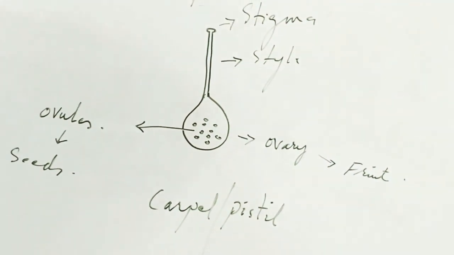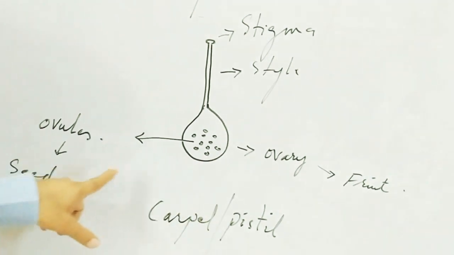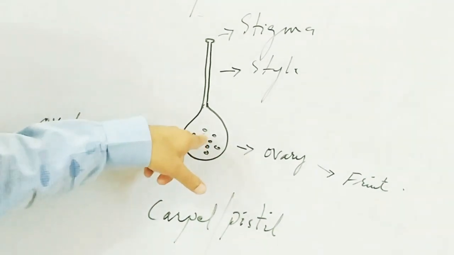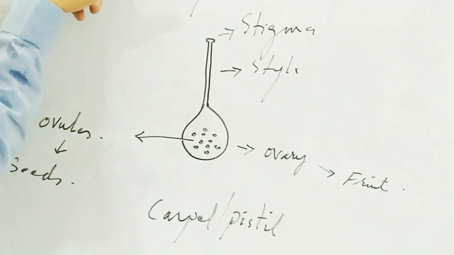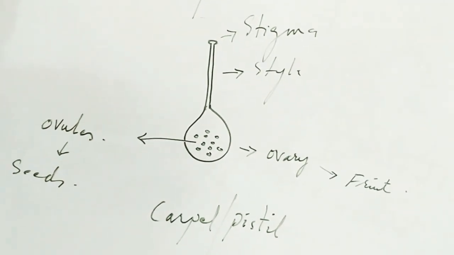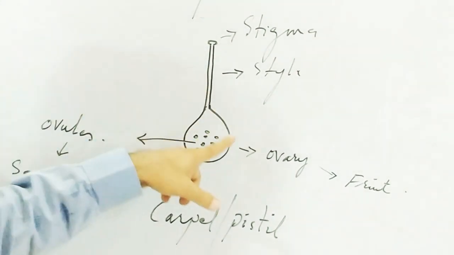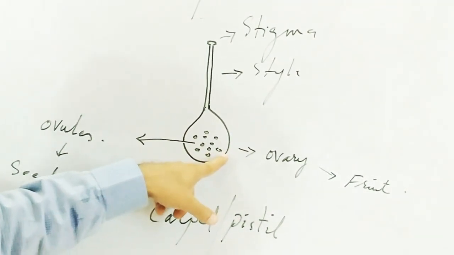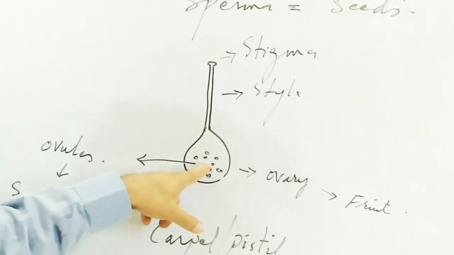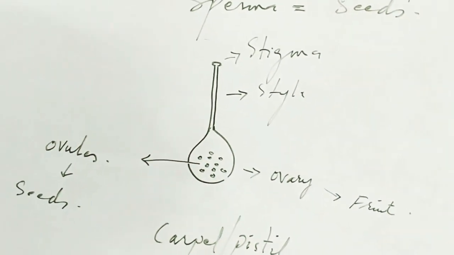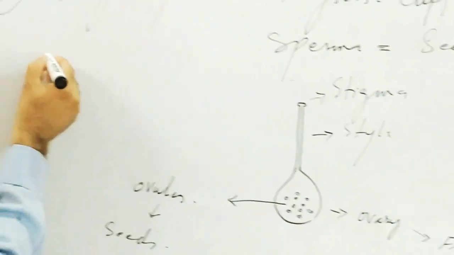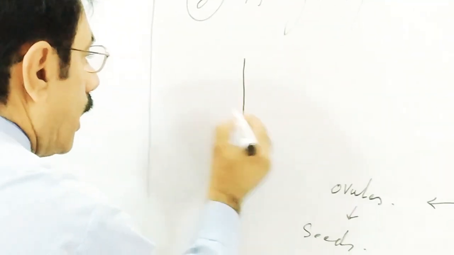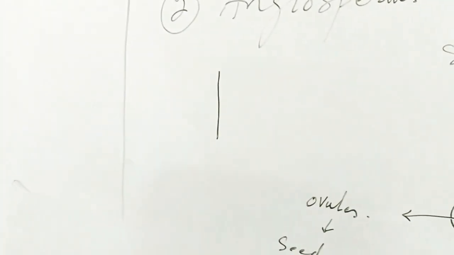Because of the presence of the ovary and the ovules, the angiosperms have fruit and seed. But in the case of gymnosperms, the ovary is absent and naked ovules are found, attached on a stalk.